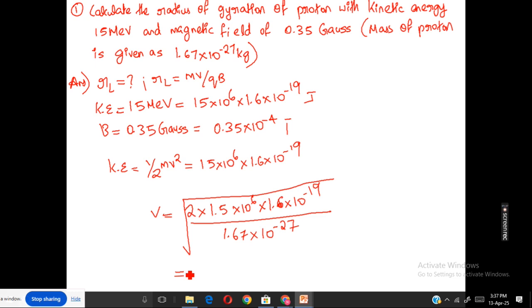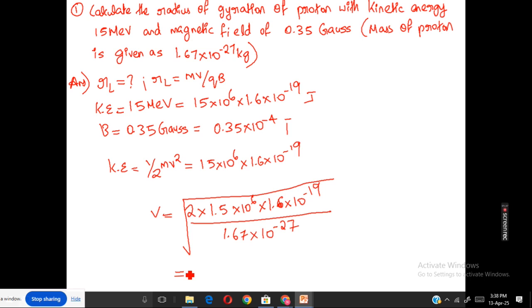It will come around 2 into 15 into 10 raised to 6 into 1.6 into 10 raised to minus 19, which is around 4.8 into 10 raised to minus 12, divided by 1.67 into 10 raised to minus 27.